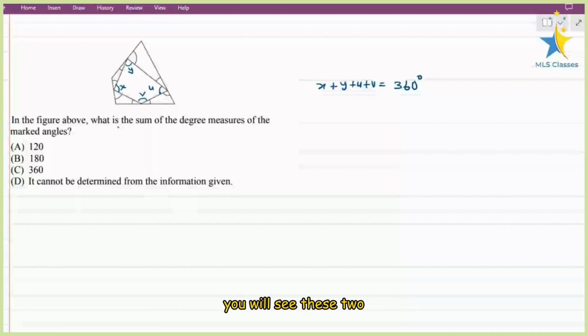Now if you see, these two angles plus x should be 180 degrees. Again this should be 180 degrees, this 180, this 180, and this 180.